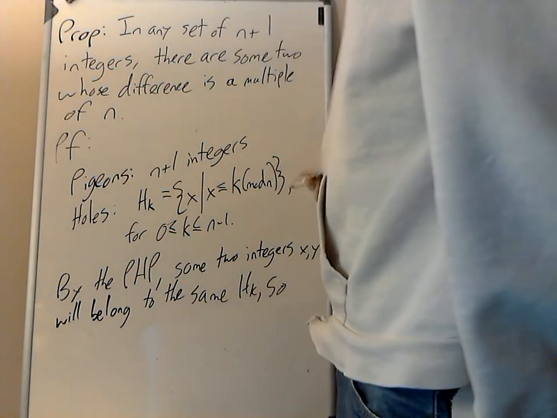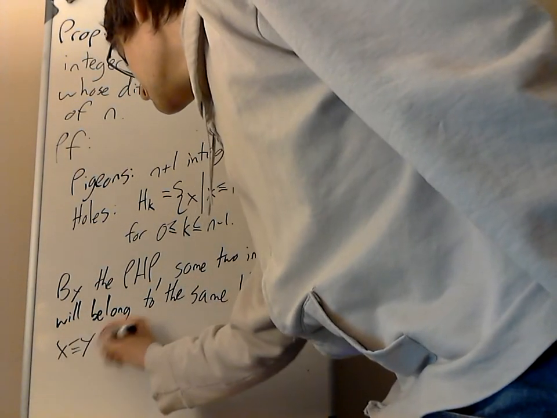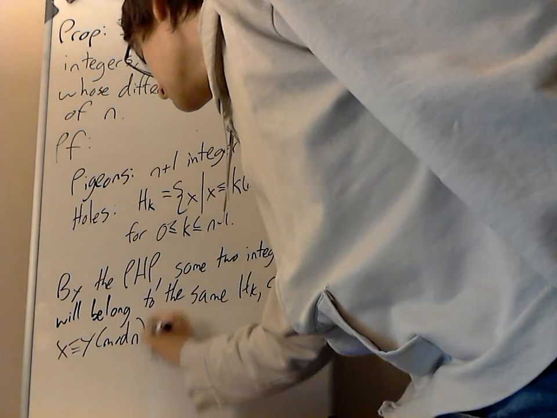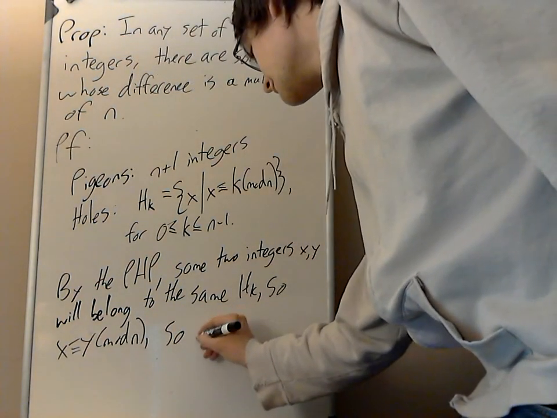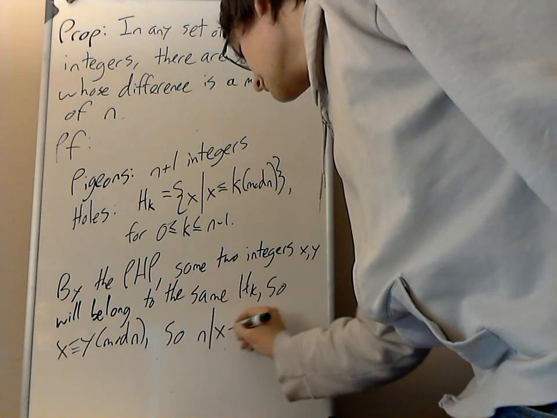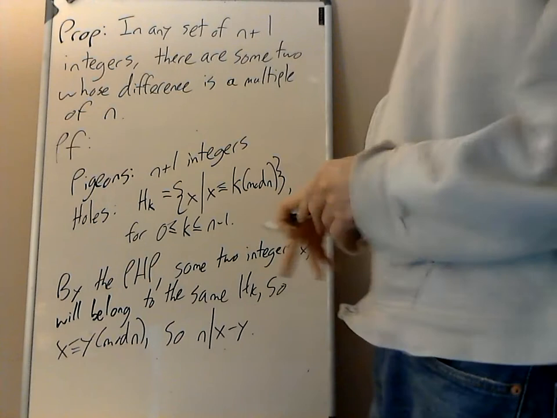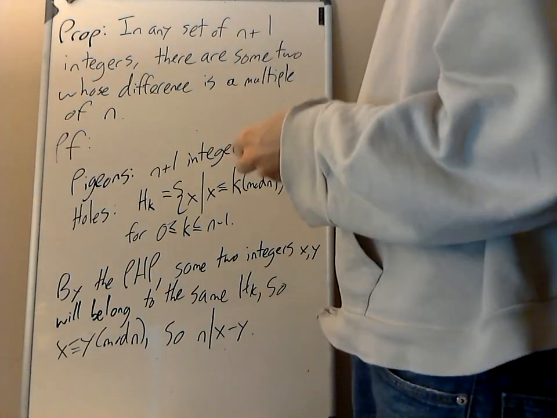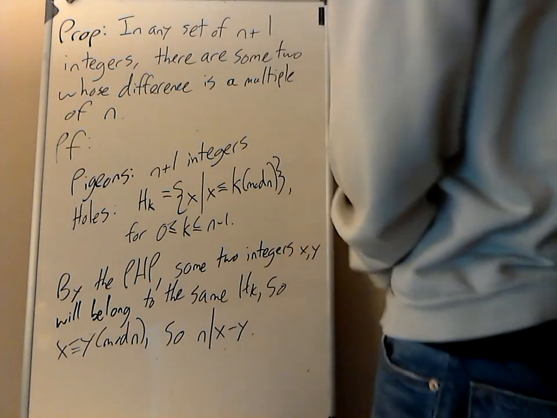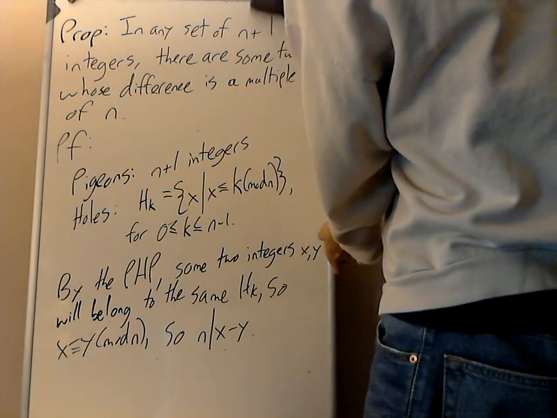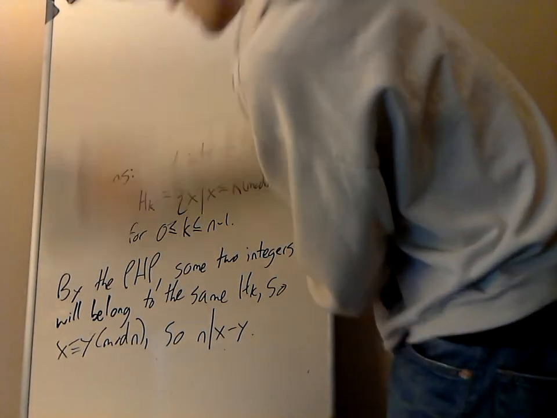So some two integers x and y will belong to the same h_k. So x will be congruent to y mod n. So therefore n divides x minus y, just as we desired. Now, this is a pretty simple application of the pigeonhole principle, but it actually has some quite surprising consequences.